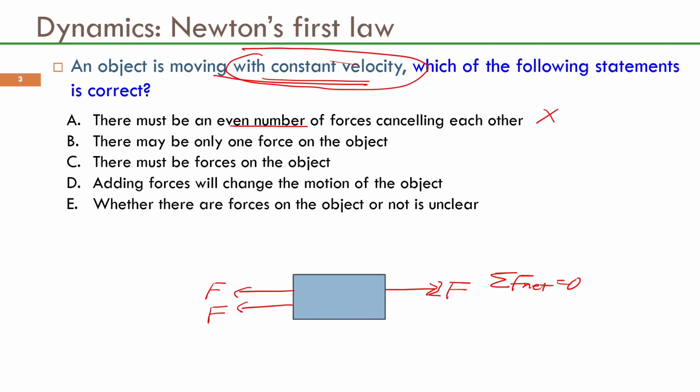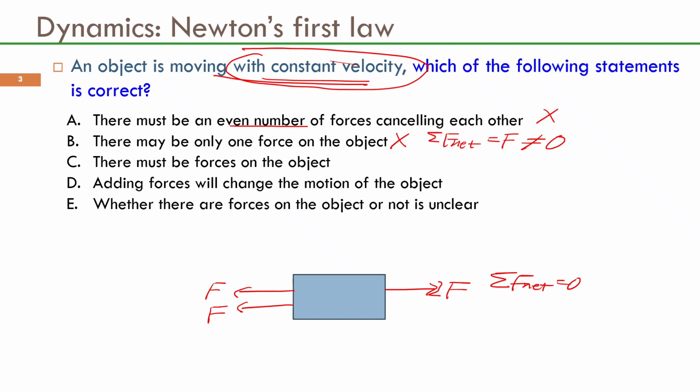The second choice says there may be only one force on the object. So if there's only one force, then the net external force equals that force. And this clearly does not equal 0. So that means the object has a net external force. So the object cannot move with constant velocity. So this is also wrong.